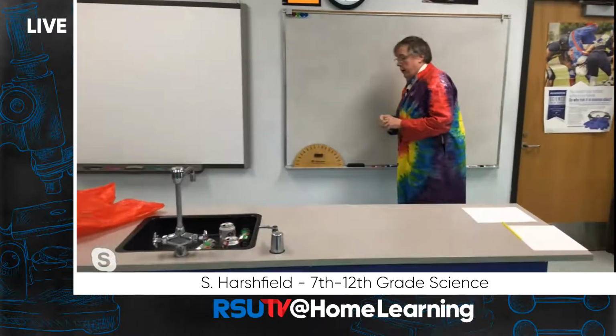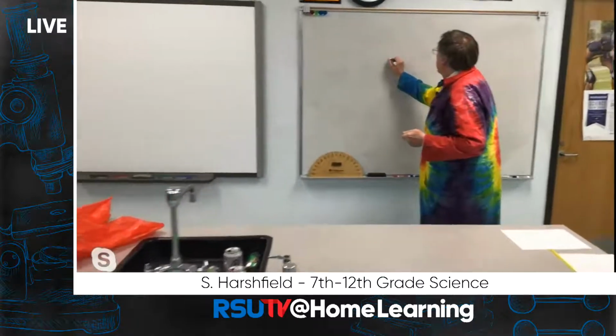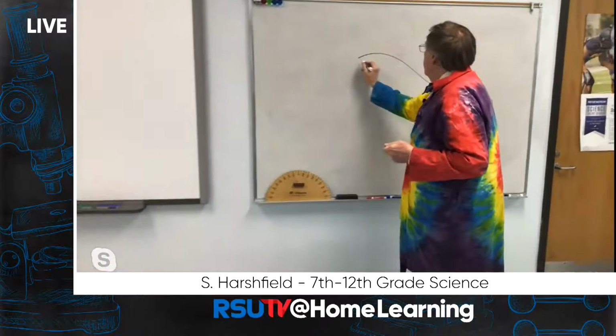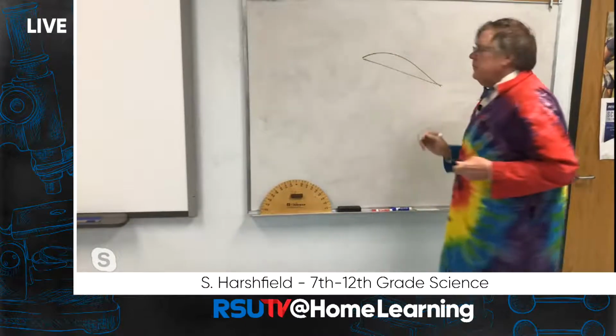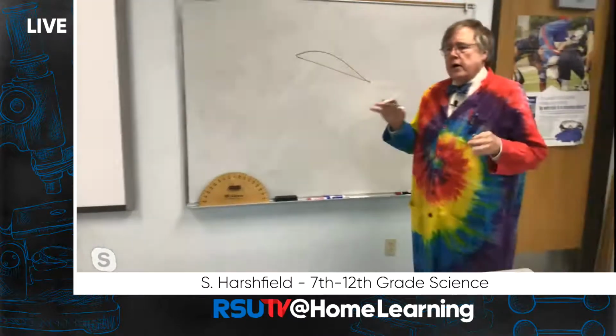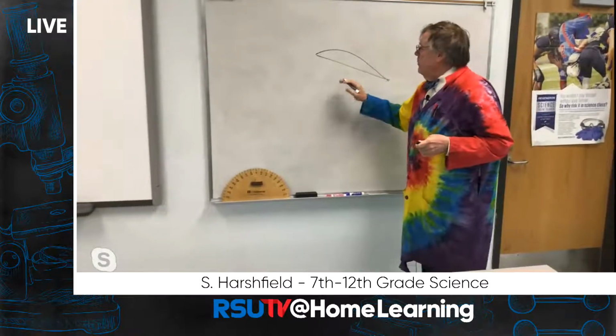When I blow on it like that, it has the same properties, the same effect as a wing does. If you look at an airplane wing, it looks something like this. It's got a nice curve on top, sort of flat on bottom.